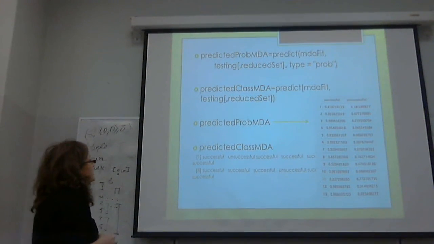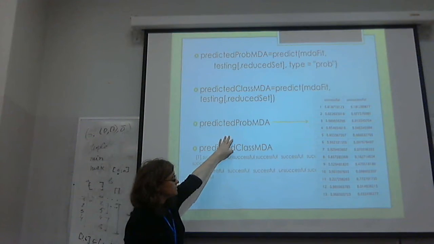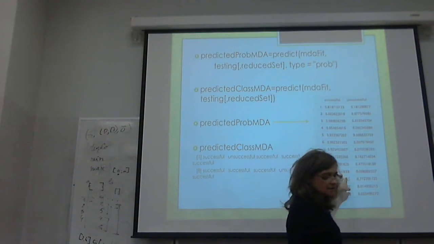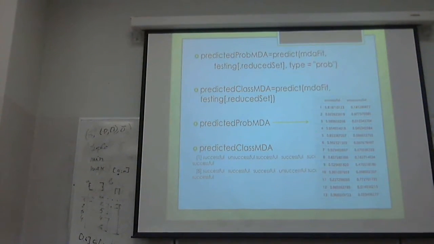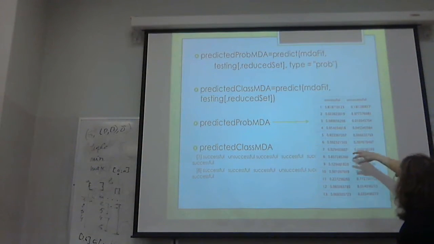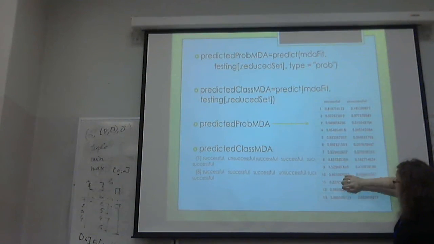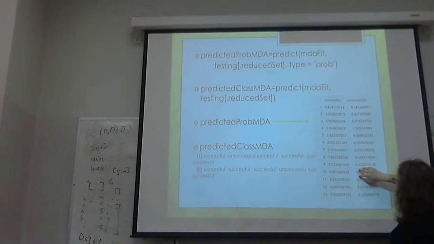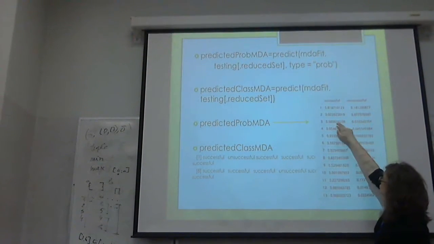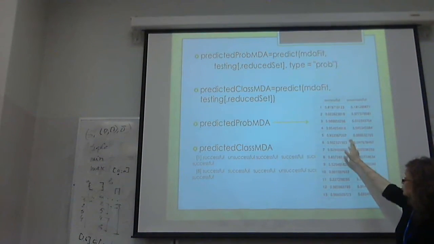The predicted probability object contains a data frame with 2 columns. One column is the probability of being successful, the second column is the probability of being unsuccessful, and you can notice that they just sum up to 1.